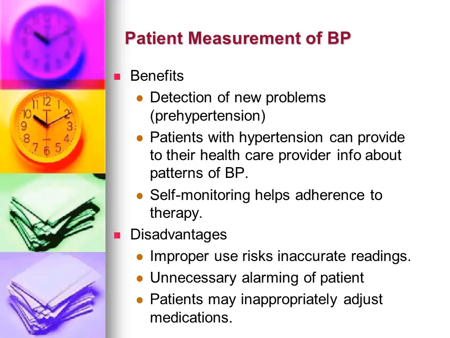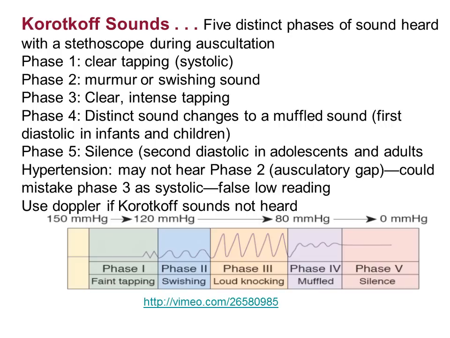It could alarm them, and then they might make adjustments in their medications by what readings they get instead of calling the physician or coming into the office. So there are benefits and disadvantages of having the patient check their blood pressures at home. But we should always teach the patient that before they make any adjustments, check the blood pressure twice and then call the physician before they make any kind of adjustments with their medication.